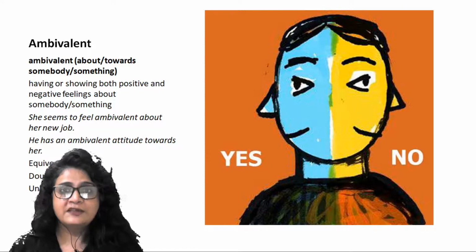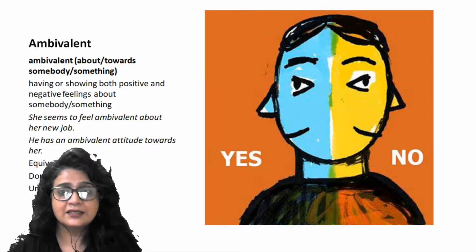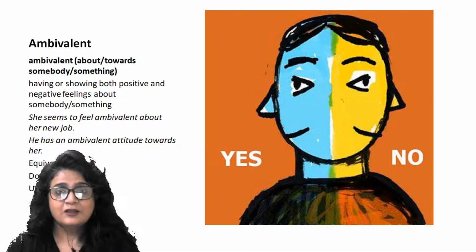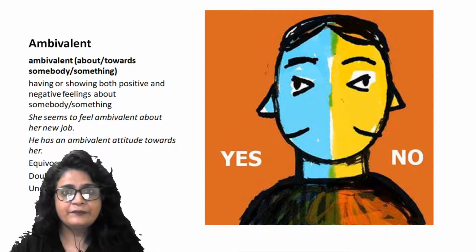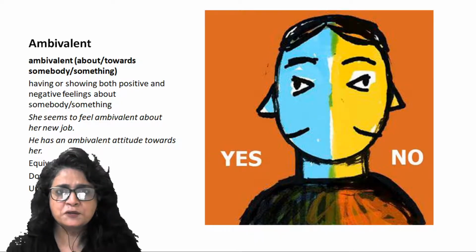Yes and no. He feels agreeable to a point, at the same time he also wants to refuse that. Yes and no. One part of his head says yes, another part says no. We feel this way on quite a few issues.